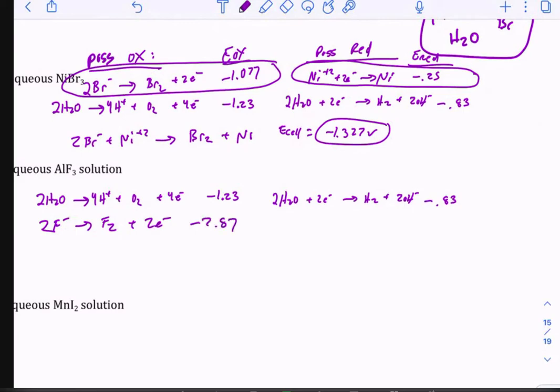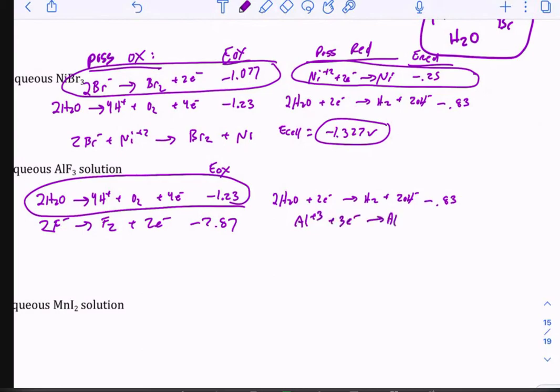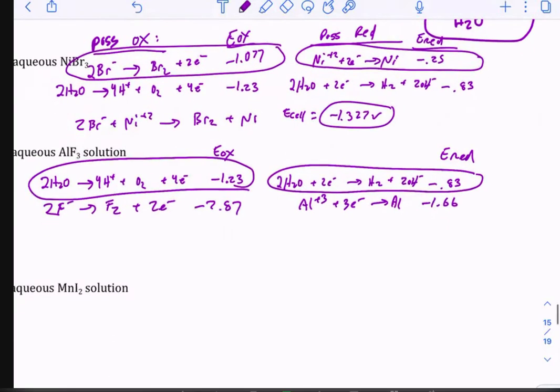All right, so clearly this is not our oxidation that's taking place. Our reduction, the reduction of aluminum, was negative 1.66, and the water reduction is the greater of the two, so that's what's going to happen.